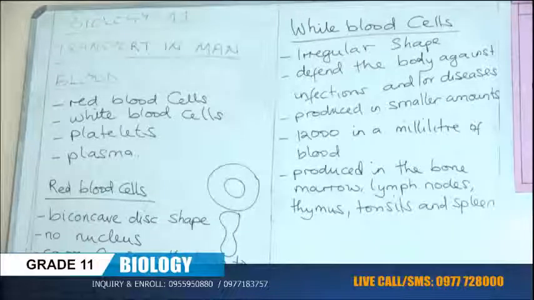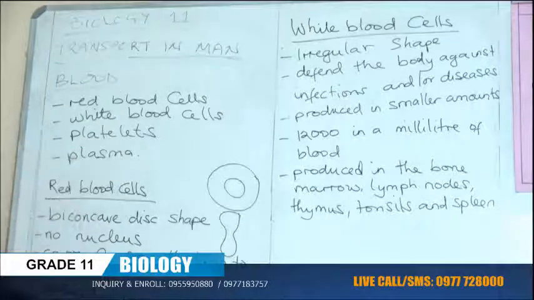So last time I started giving a table of differences between white blood cells and red blood cells, and I said there are many. So from this classification, if you put this in a table, these can be your differences. Where red blood cells are biconcave disc shaped, white blood cells are irregular shaped. Red blood cells have no nucleus.